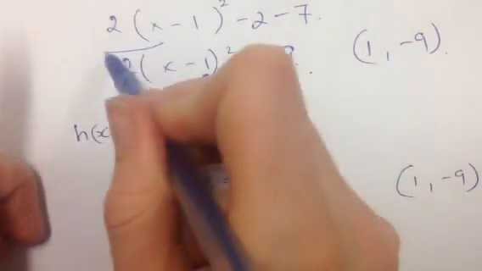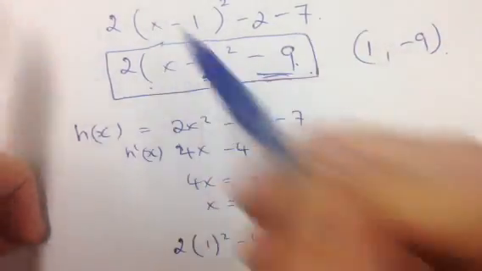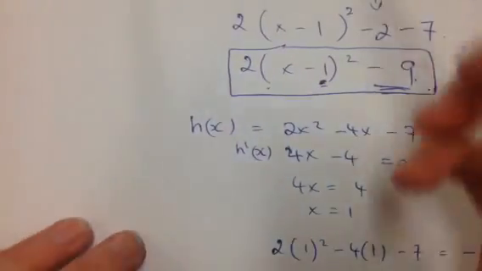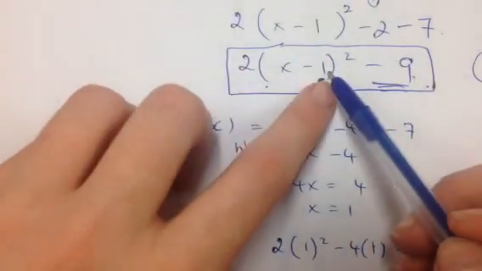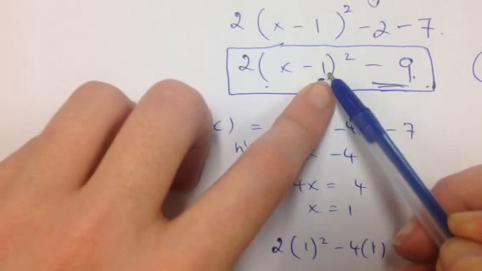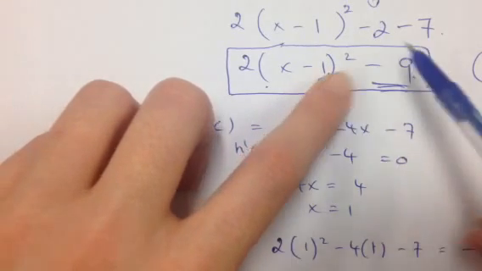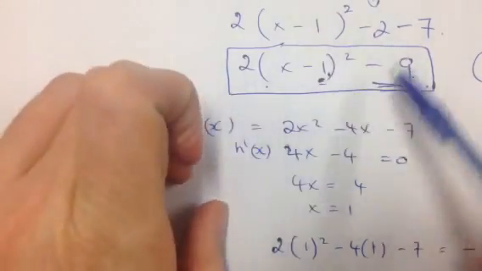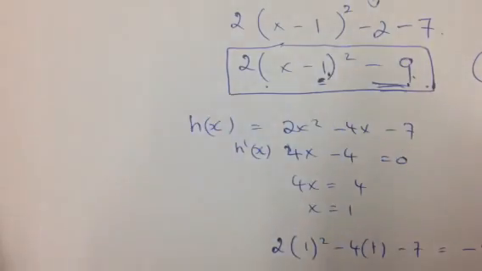This is h of x. k of x is just going to be, instead of the 1 here, I'm going to put in a minus 1. And instead of the minus 9 here, I'm going to put in a minus 5. Because I have the turning point of the exact same type of function.